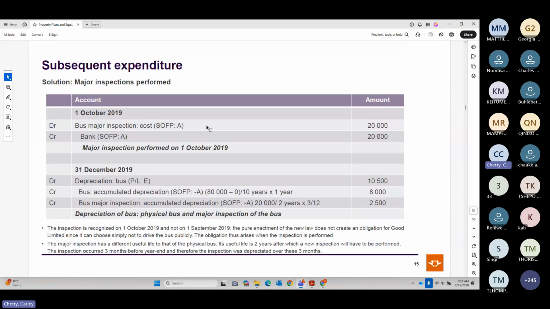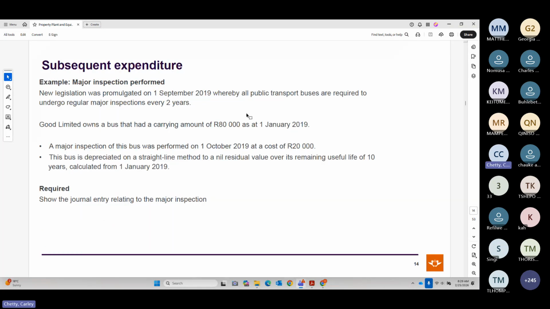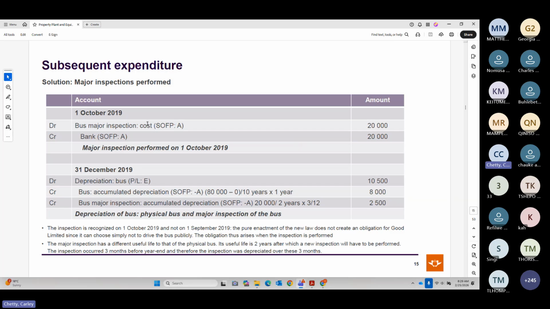Okay, so let's have a look at the major inspection. They told us that the major inspection was performed on 1 October 2019 at a cost of 20,000 Rand. So we need to record the major inspection that was performed on this date. We are going to debit bus major inspection, and the cost of the inspection was 20,000.